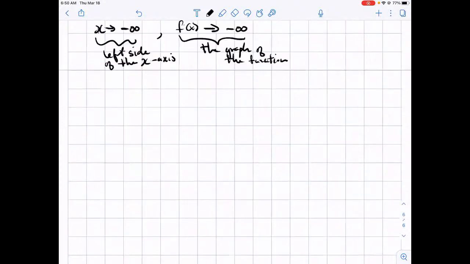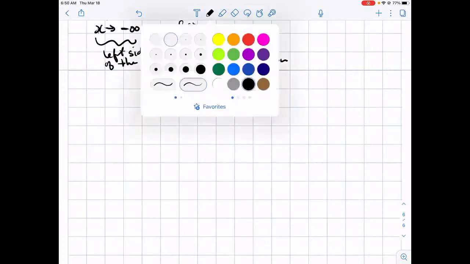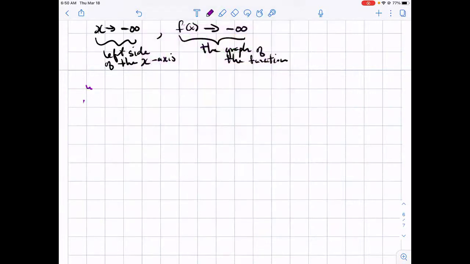Now, similarly, what happens when n is even? We already know that the graph is parabolic, right? And what happens now to the leading coefficient? How does that influence the graph?